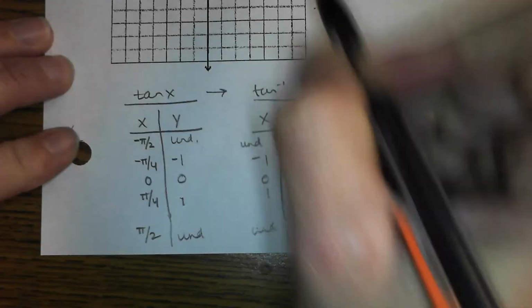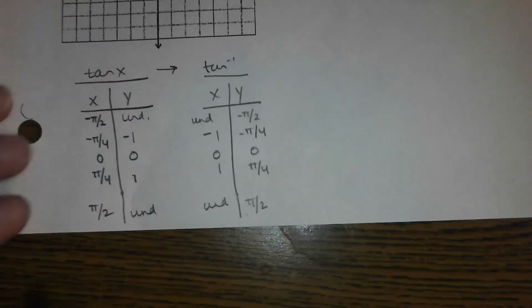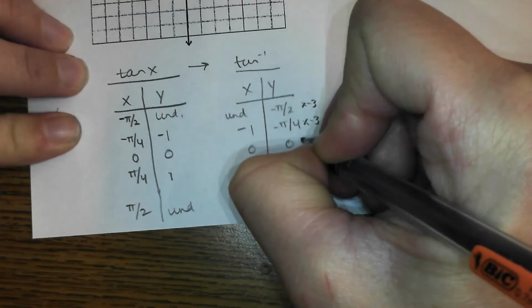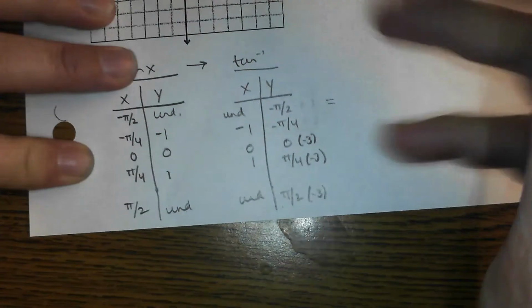Then, when you take a function and multiply it by negative 3, which coordinate is affected? The y. So you're going to multiply everything by negative 3 and come up with a new value. I shouldn't be using an x. That's foolish.